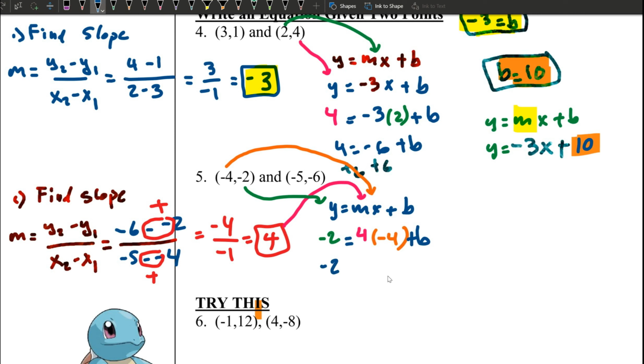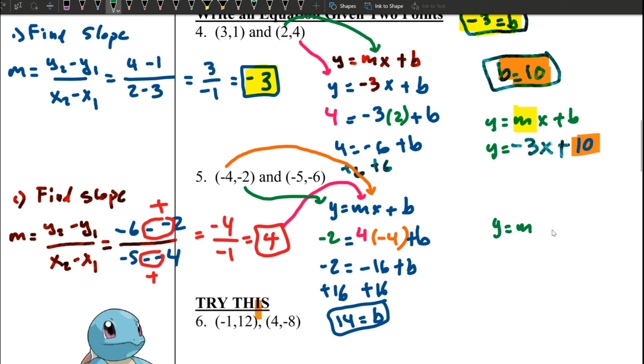That will be negative 2 equal to negative 16 plus b. Add 16 to both sides. So 14 equal to b. Y equal to 4x plus 14.